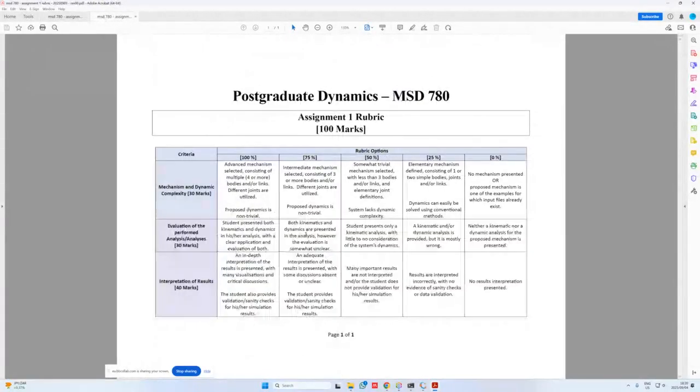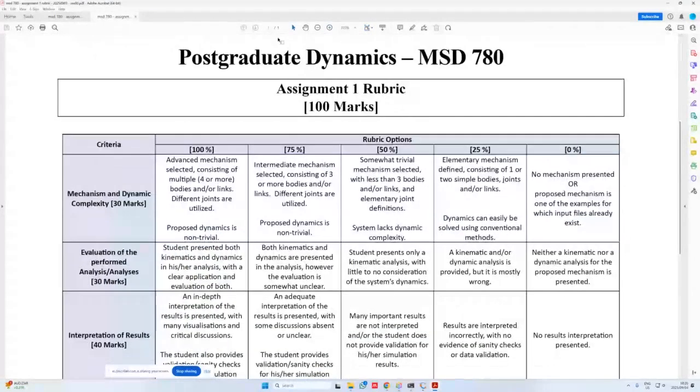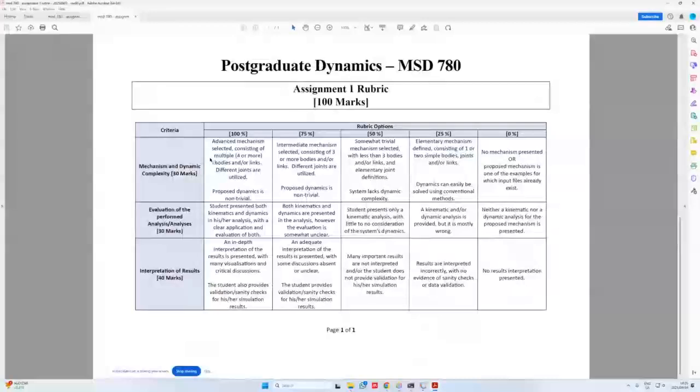With regards to the rubric that will be used, this is also uploaded on ClickUp, so you can have a look at that as well. The three criteria that you're going to be marked on is firstly the mechanism and the complexity. So did you actually choose a complex multi-body mechanism consisting of 4 or more bodies and or links, and did you utilize different joints in the system?